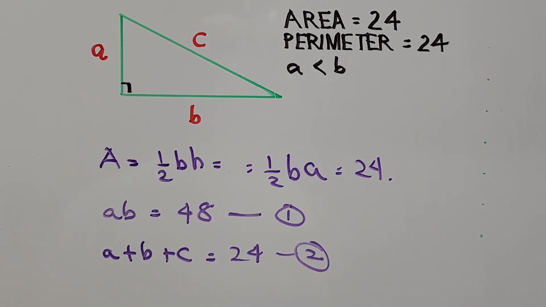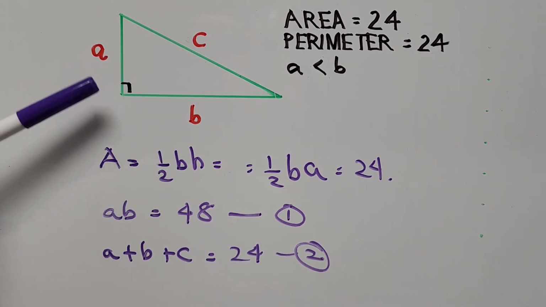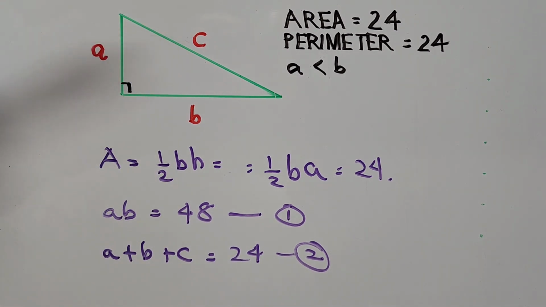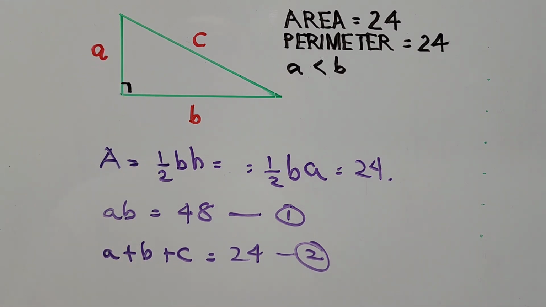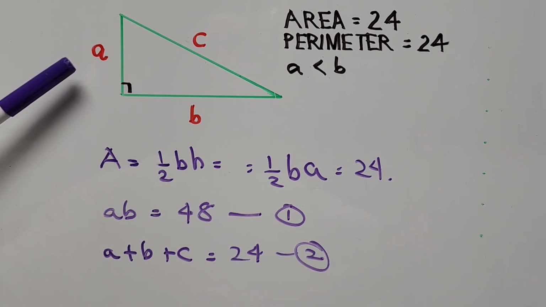Since we're dealing with a right triangle, we have the relationships of the sides A, B, and C: the square of the hypotenuse is equal to the sum of the squares of the other two sides, right? So using the Pythagorean theorem, we can get the third equation.